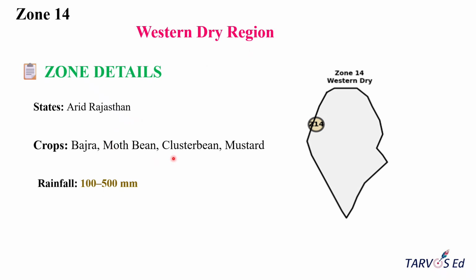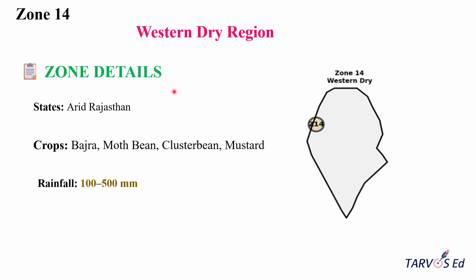And finally, zone 14, western dry region, which covers arid parts of Rajasthan. This is the driest agroclimatic zone in India, with rainfall as low as 100 to 500 mm per year. Because of this extreme dryness, only drought resistant crops can be grown. The main crops are bajra, moth bean, cluster bean, and mustard. These crops are well adapted to low water and high temperature conditions.